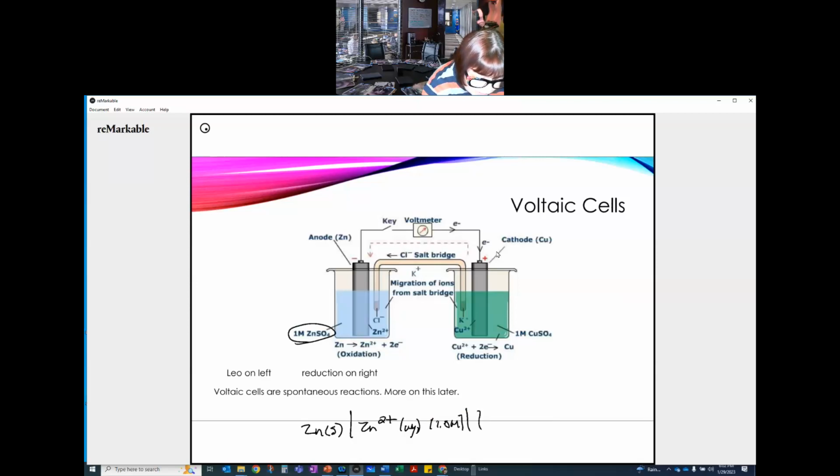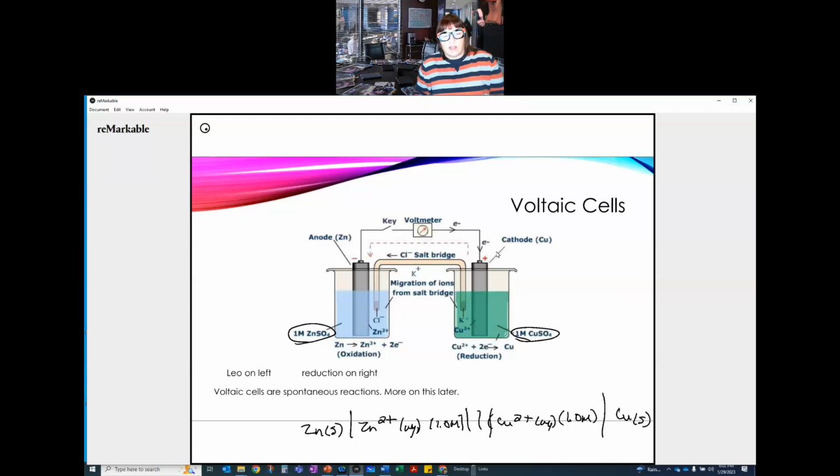We then have our phase boundary to our Cu2+, again with 1.0 molar, and then phase boundary to the Cu solid.